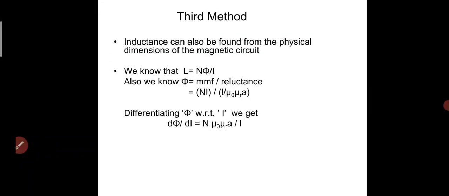And next is the third method. Inductance can also be found from the physical dimensions of the magnetic circuit.